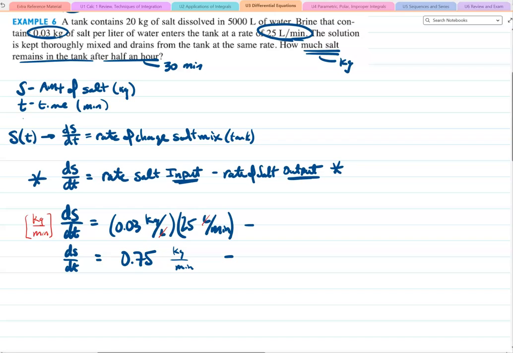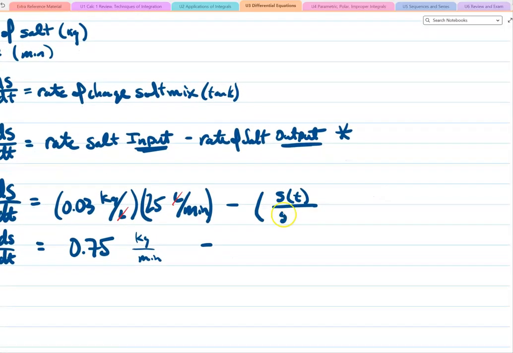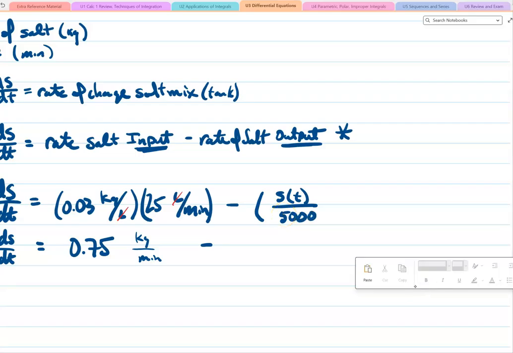Now, what's going out is an unknown amount of salt mass per liter. So this is the unknown, and this is what's going to be changing as time progresses. So the amount of salt in the tank over a quantity of water or a mixture in the tank, all right, so this is going to be a kilogram per liter measurement.